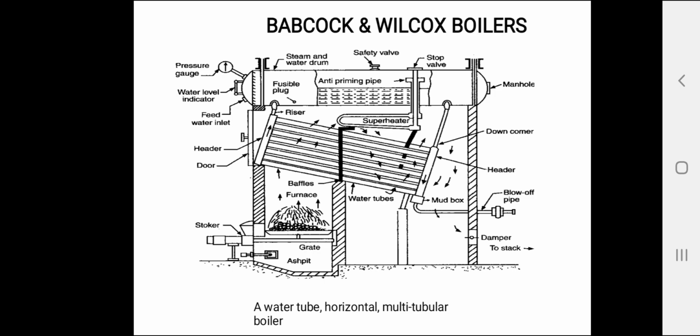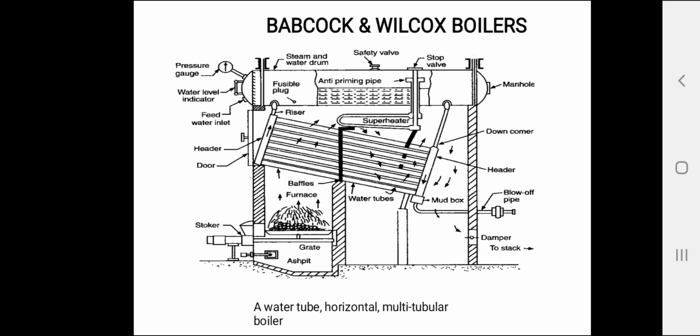A mud box is used to collect sediment in the water. Superheater tubes are used to produce superheated steam. Whatever steam is generated is heated again. Once saturation temperature is reached, above saturation there is a superheater. This is possible in the Babcock and Wilcox boiler.